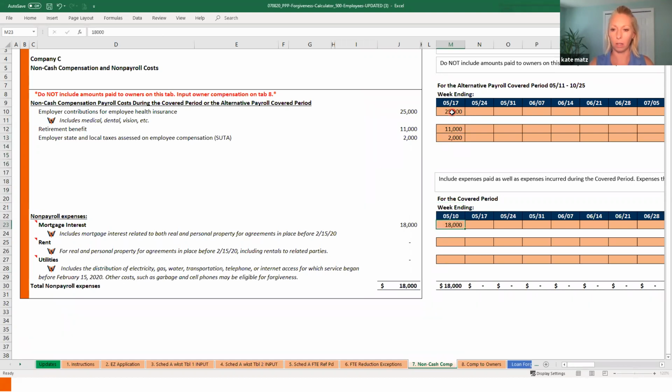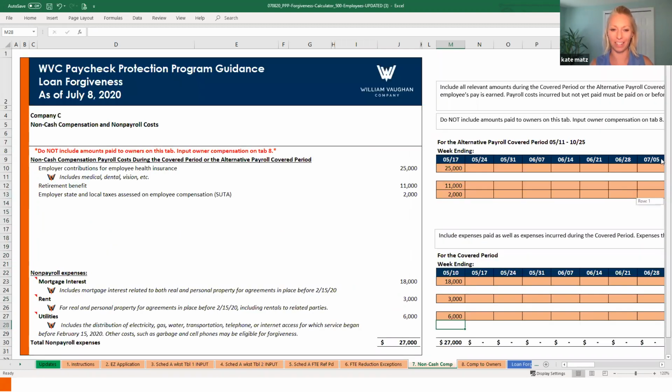We'll say $18,000 for the mortgage interest, $3,000 for some rent on some personal property, and then $6,000 of utilities. So this one's a quick and easy one to fill out. And again, you can go ahead and track those week by week or month by month as you make the payments. Just put in totals for now.